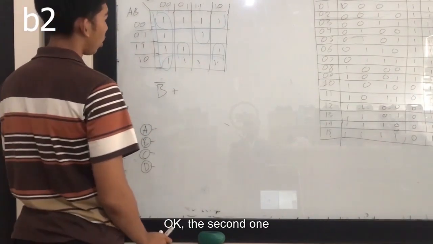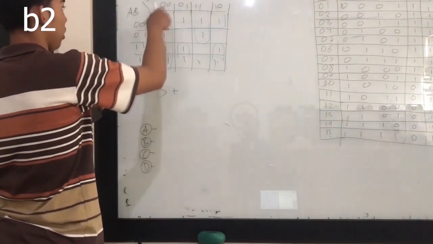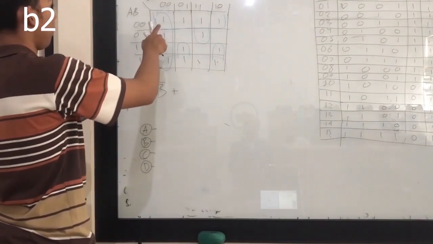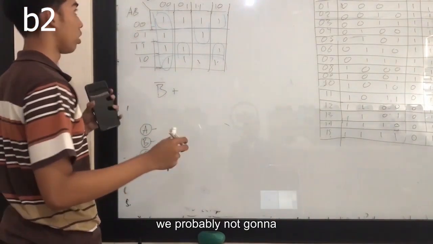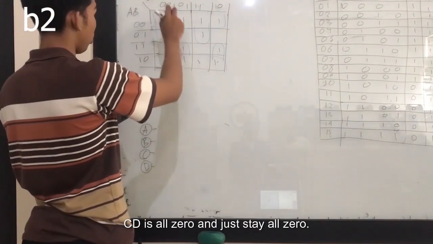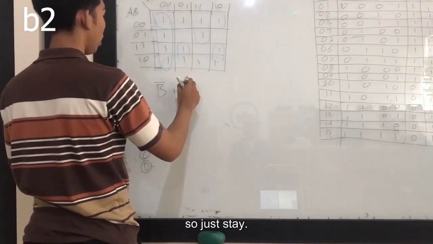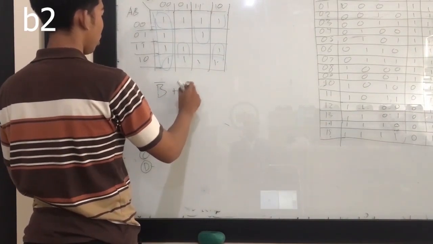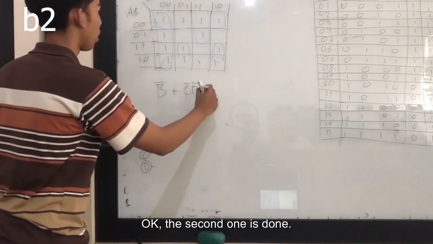The second one is BCD. The second one is this, the long one here. We see the AB is all changing, so we're probably not gonna write AB on this. CD is all 0 and just stays all 0, it doesn't move to the right. So it just stays C and D inverse. Okay, the second one is done.